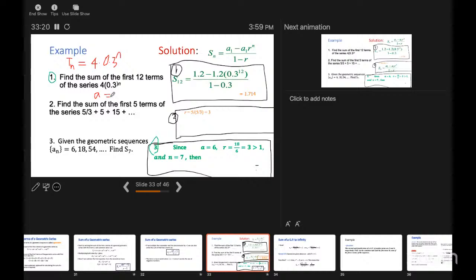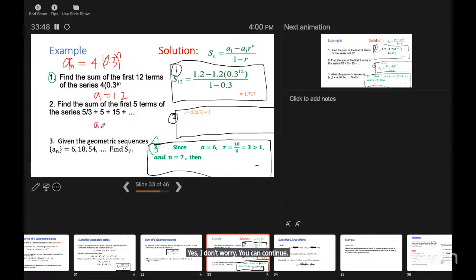A is when n is 1. That's 4 times 0.3. A is T1, or let me just call it A1, so that you understand. Let's call this one An. Sir, thank you so much. I understand. So A1 is 1.2. Yes, you can continue now.